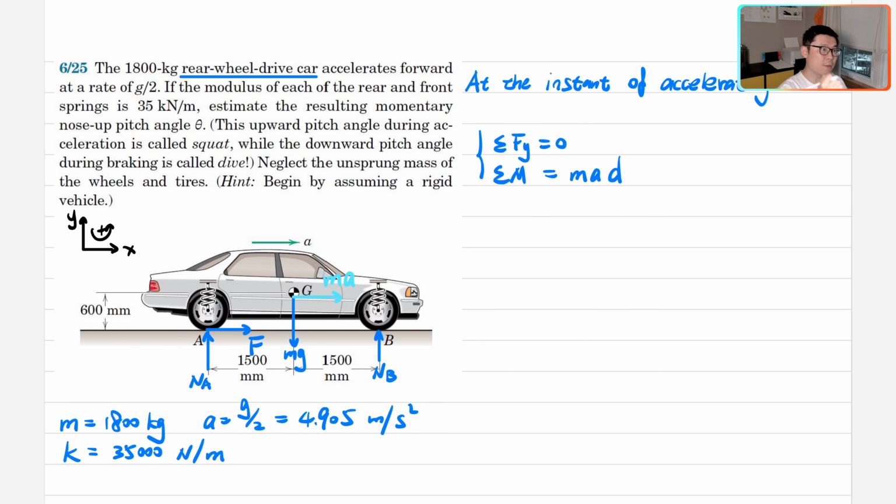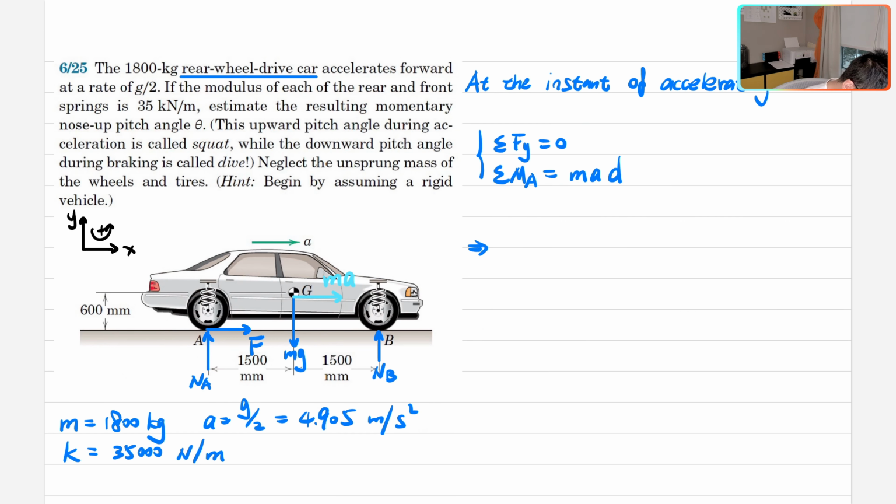So the choice of the point will determine whether you're going to suffer a very long, complicated mathematical calculation or a very simple one. Now in this case, I want to choose point A because point A has two forces going through, right? So then this NA and F won't make any moment about point A. That's the reason I'm choosing point A here.